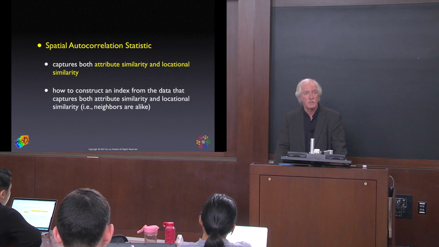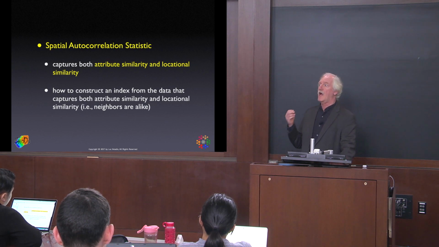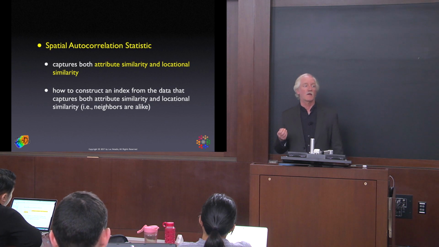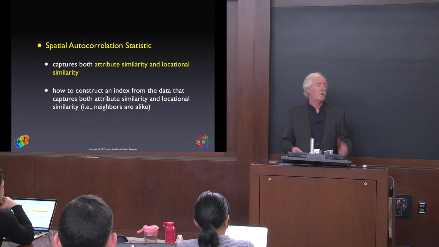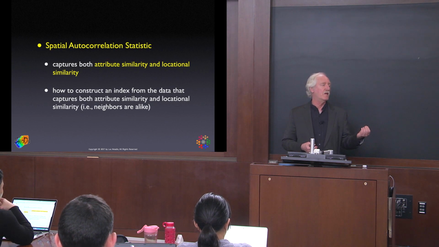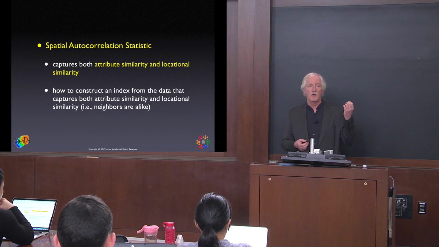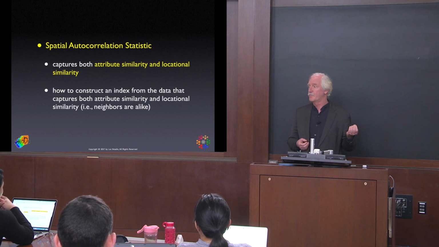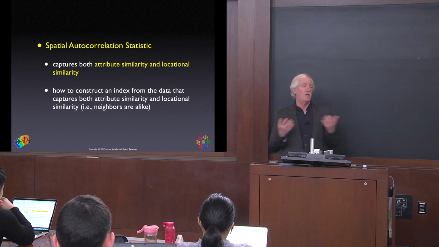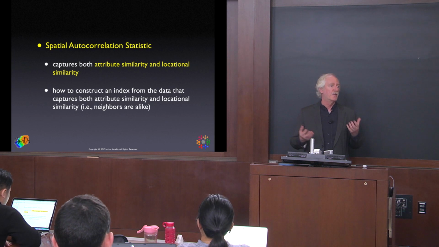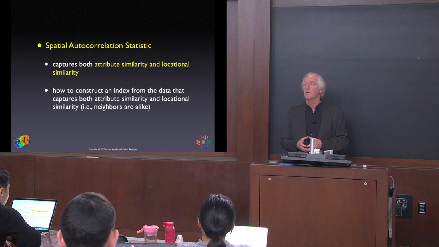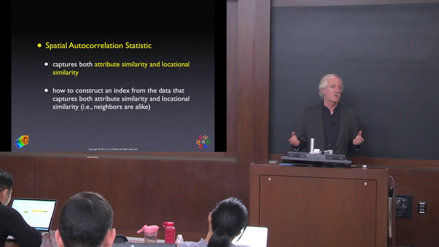So we need to come up with something that we can compute from the data that combines the notion of attribute similarity, like a correlation, with something that expresses formally the notion of locational similarity. Geographical neighbors or network neighbors, right? And that's the tricky part. The attribute similarity is easy. The locational similarity is the hard part. That is where the spatial weights come in.